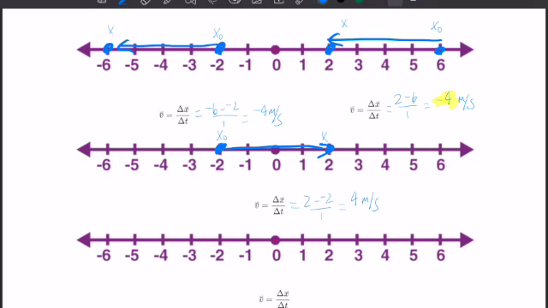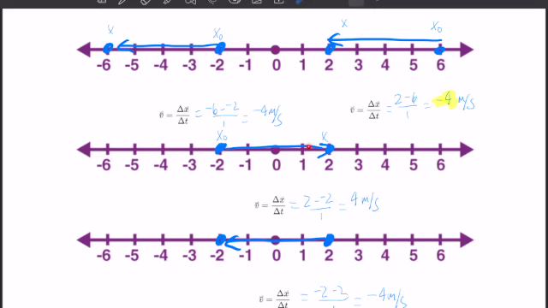And lastly, let's start here at a position of 2 and end up at minus 2, all over 1 second. So we end up with minus 2 minus the initial over 1, and we end up with minus 4 meters per second. We have an arrow moving toward negative values. We have a negative velocity.